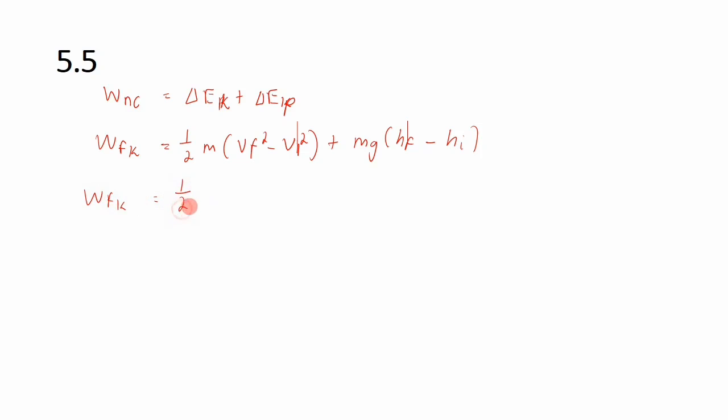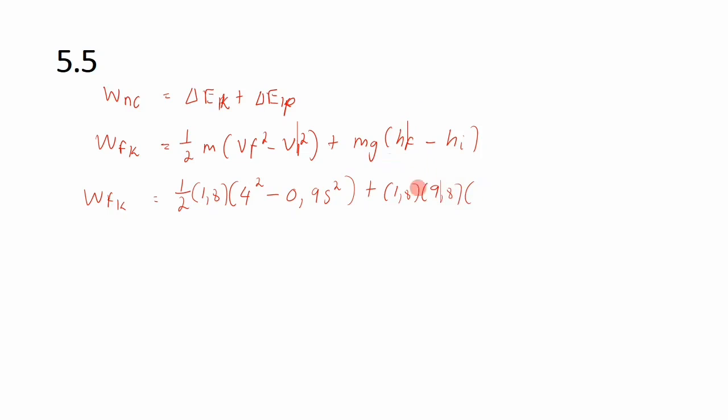So we can just start substituting now. What is the mass? The mass is 1.8. And then what is our final velocity? They say it reaches that point on the surface at a velocity of 4 meters per second. So that's 4 squared, and then remember, when it started up the slope, it was 0.95 squared. Then plus, what is the mass? Again, it's 1.8, and our gravitational acceleration is 9.8. And then what is the height finally?